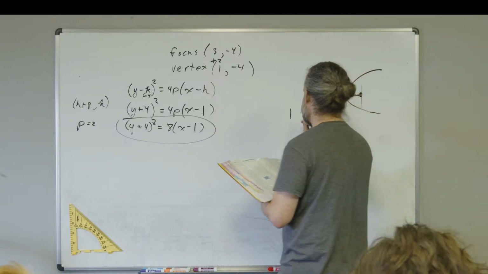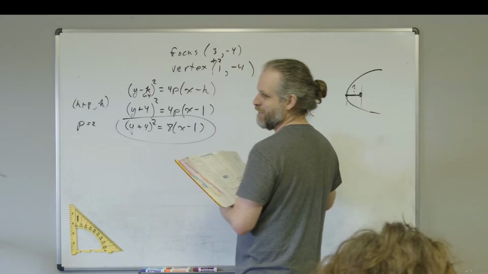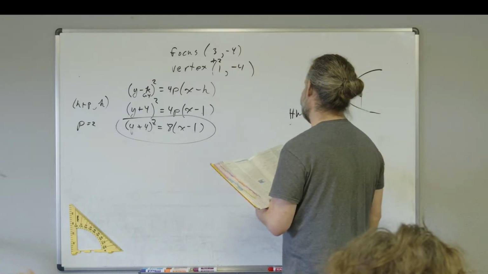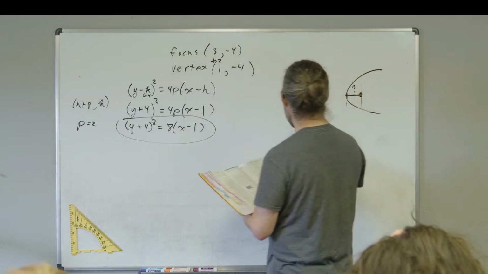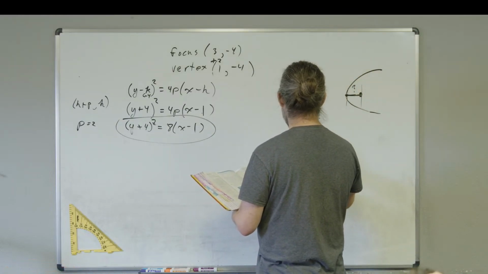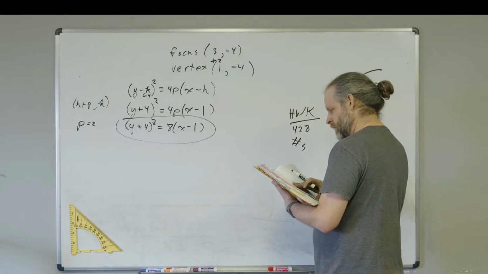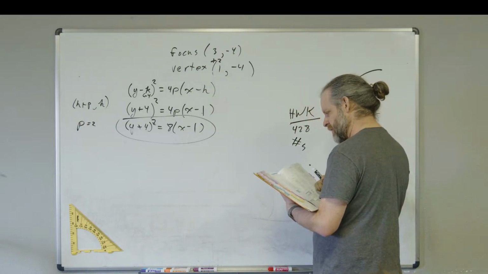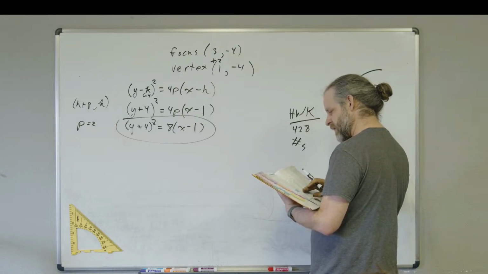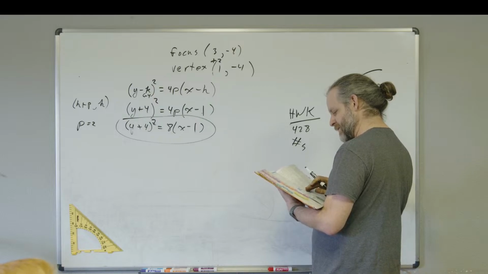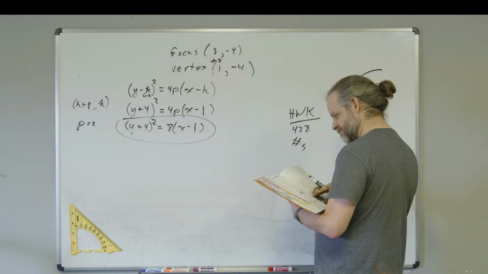Great, homework. I did this, I made the exact same mistake Garrett just made. I just made it a long time ago. Homework, page 428. Numbers 2 through 24, no, lies. 2 through 34 evens.